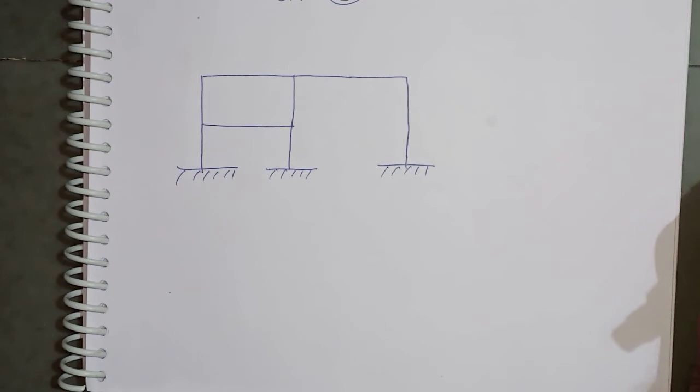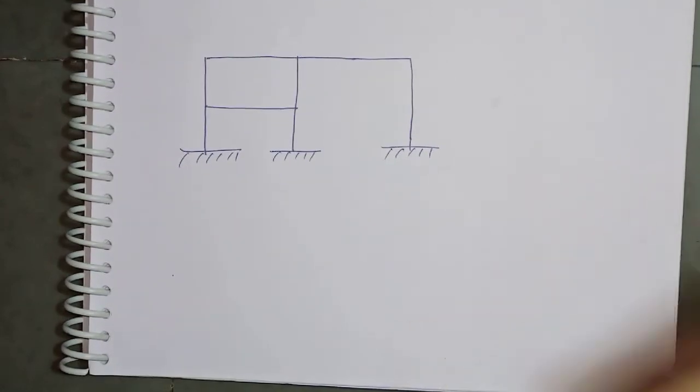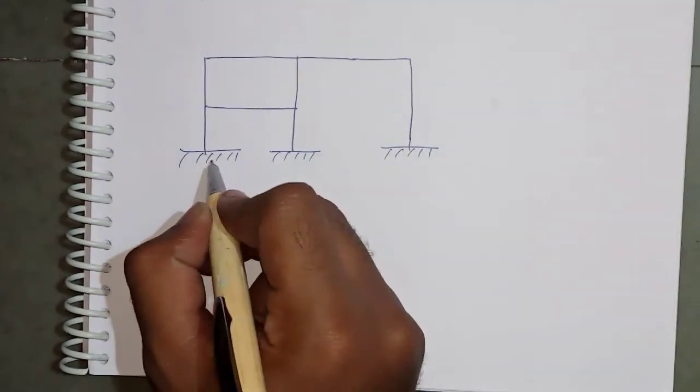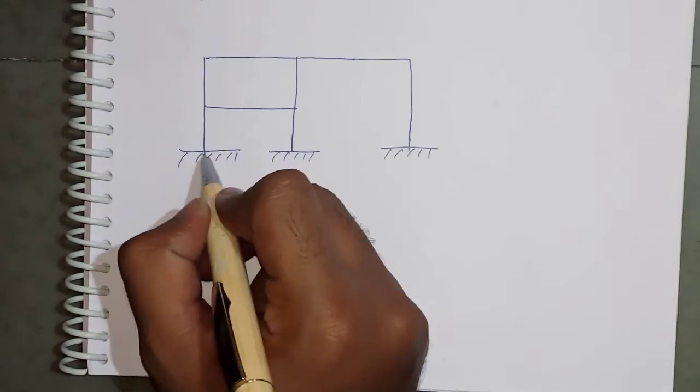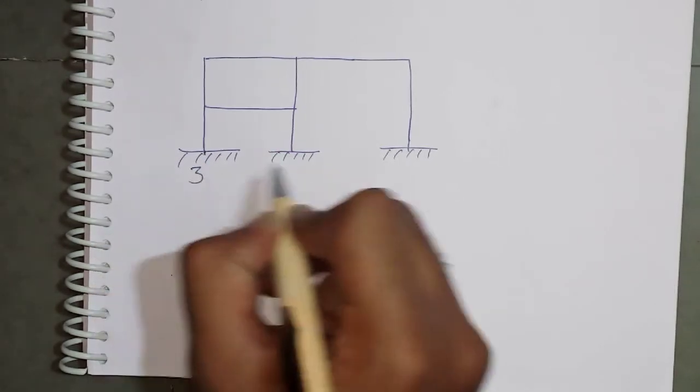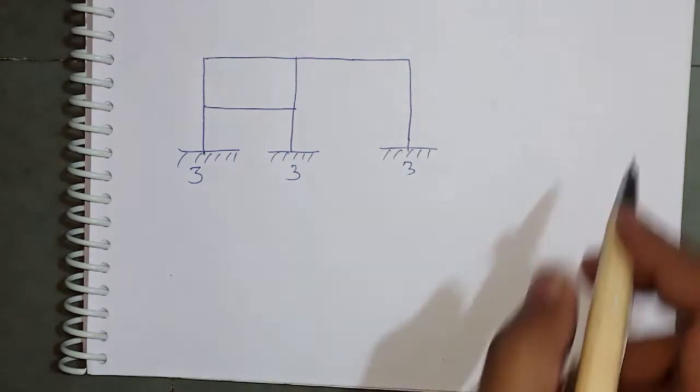So for this example we will find external DSI, internal DSI and total DSI. First we will see the external reactions. External reactions for fixed support are 3, 3 and 3.